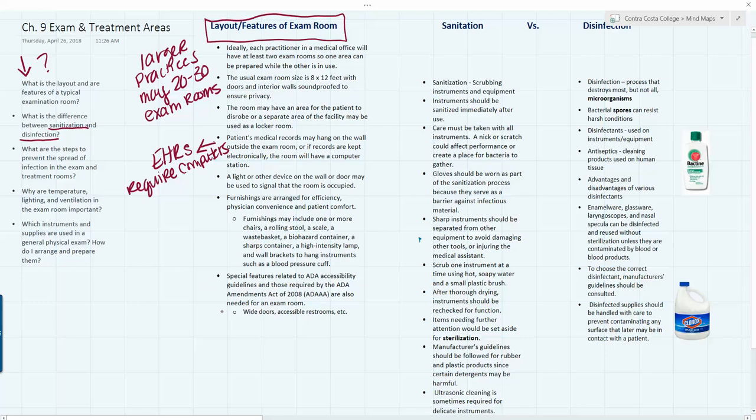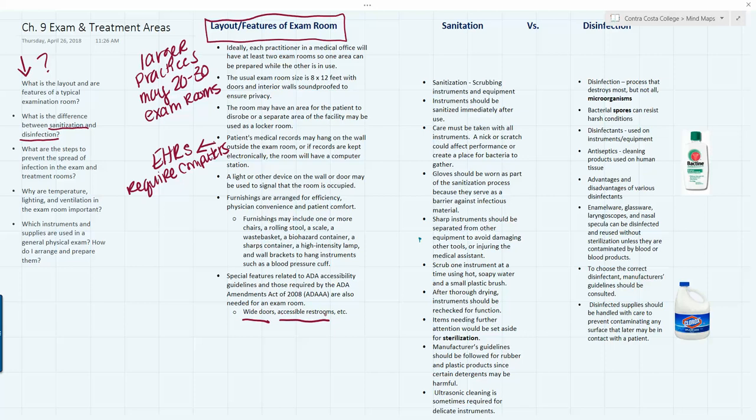Some of those include things like wider doors to fit wheelchairs through, accessible restrooms that have grip bars on the sides, and sinks that are at wheelchair height. If those are available in all of the exam rooms, they may need to be at wheelchair height, or in the restrooms, they may need to have wheelchair height sinks as well.